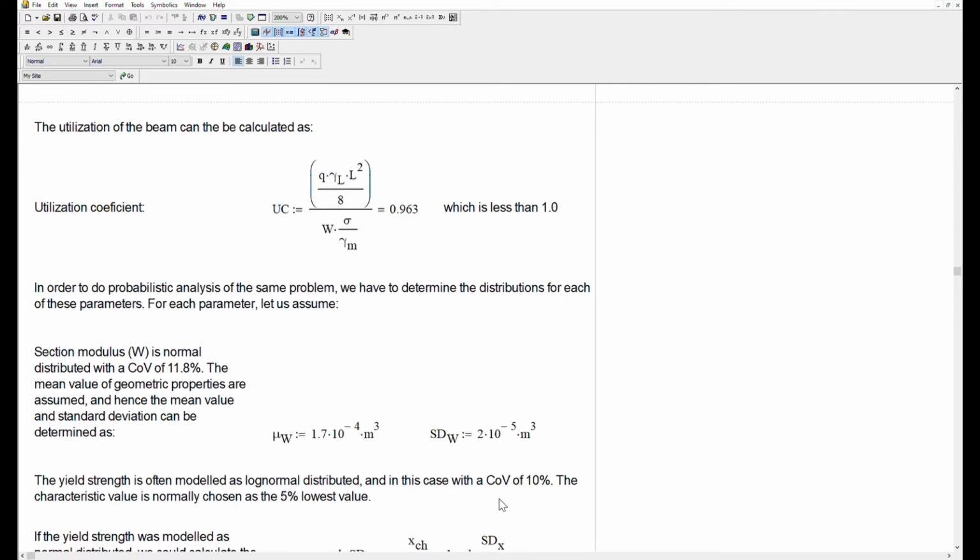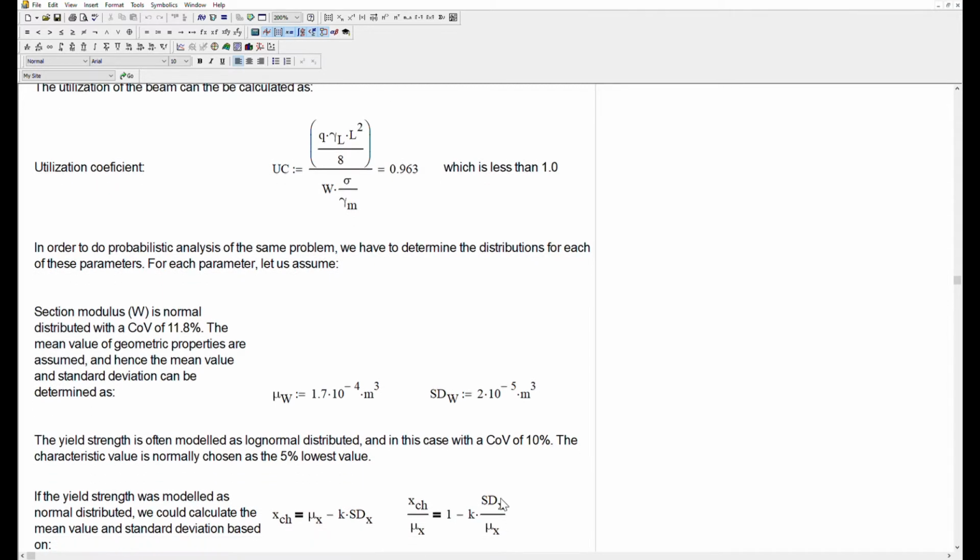If we start looking at the normal distribution, how would we determine the mean value and standard deviation if this was normal distributed, which is a little bit easier? We know that the characteristic value is the mean value minus, since it's the strength parameter, a k value times the standard deviation.